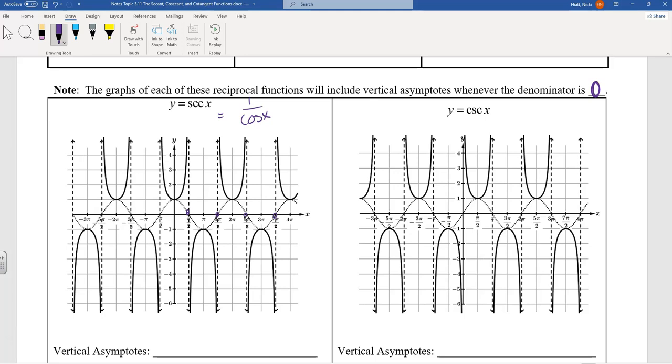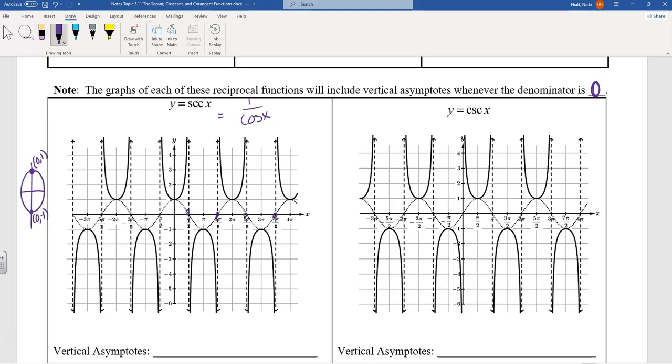So whenever you're graphing secant, the graph of cosine with all the same properties, same period, same amplitude, all those things should fit in between there. And if you think of your unit circle, cosine is your x-coordinate. Your x-coordinate equals 0 right here at (0, 1), and right here at (0, negative 1), right?